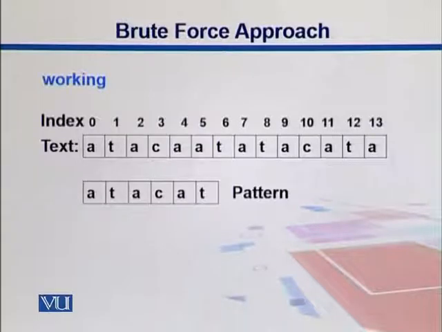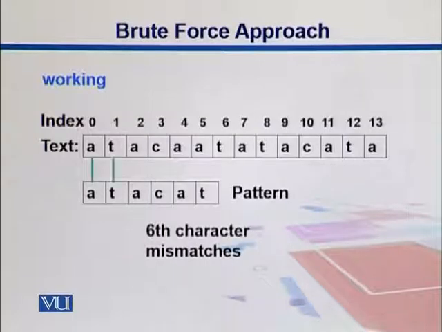Let's elaborate this with an example. We have a text of length 14 and a pattern of length 6. We start by aligning the first nucleotide of the pattern with the first nucleotide of the text. Everything matches except the 6th character, which mismatches.